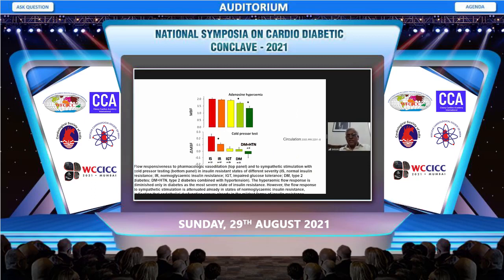The other thing is the sympathetic involvement in diabetes. With adenosine hyperemia and the cold pressor test in diabetes, with CFR changes, you can find out the real change.